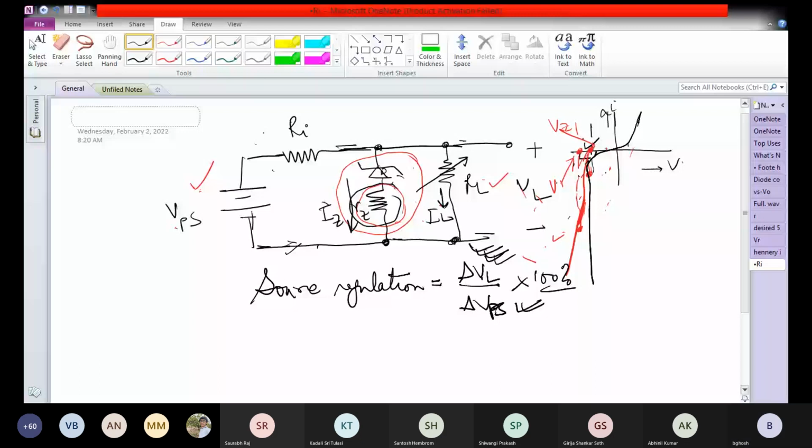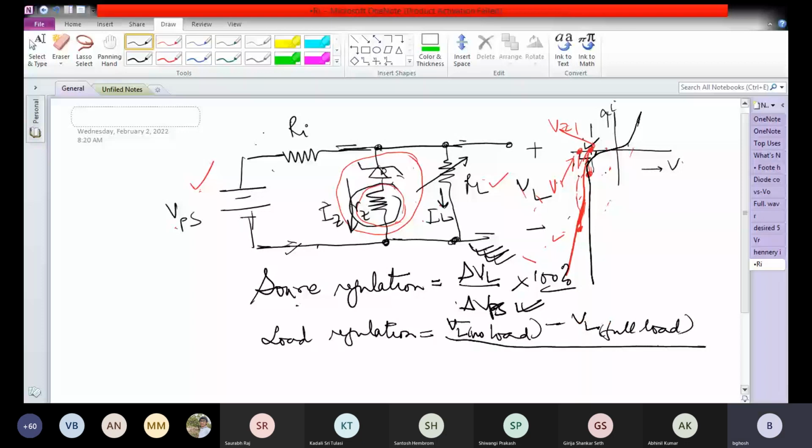The other definition is the load regulation, that relates to the change in voltage with the change in the load current. So that is VL no load minus VL full load by VL full load.